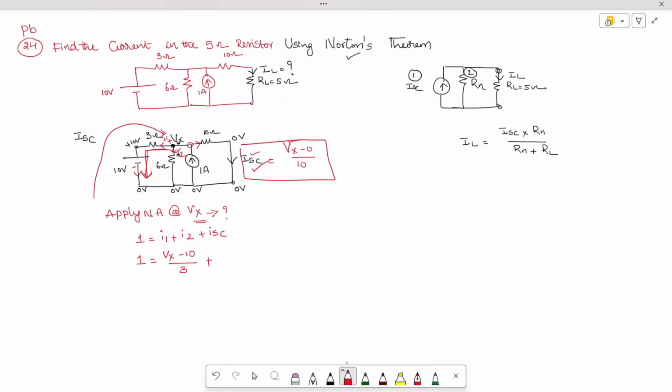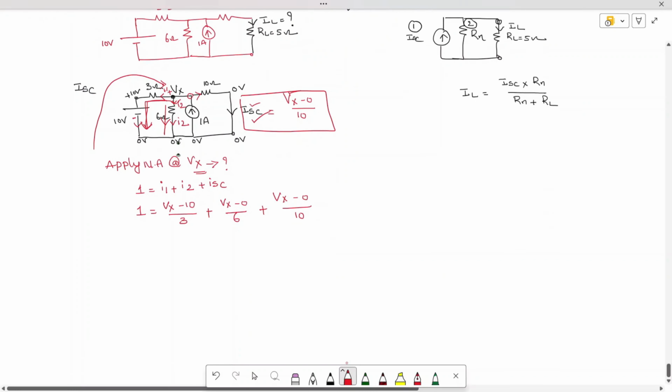How to write down the current which is flowing in this branch? Okay, so here the current is flowing. So Vx minus 0 divided by 6. Okay, plus how to write down the ISC branch? Vx minus 0 divided by 10.